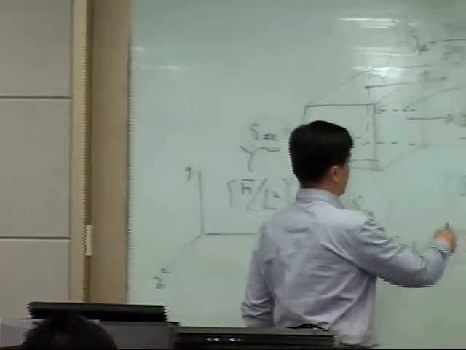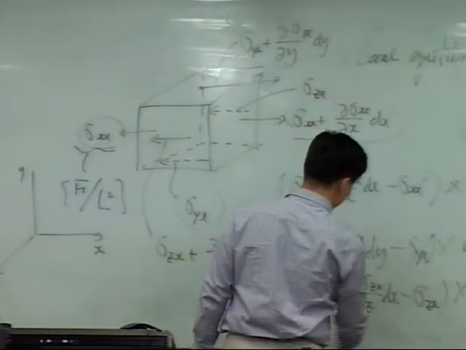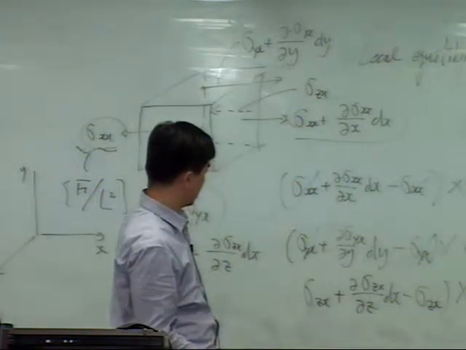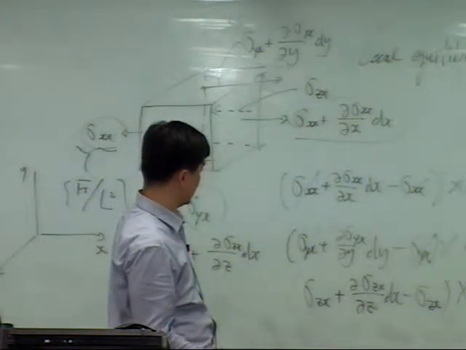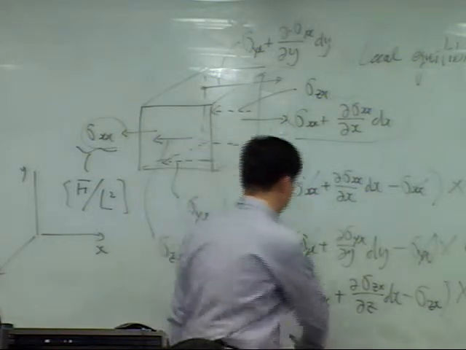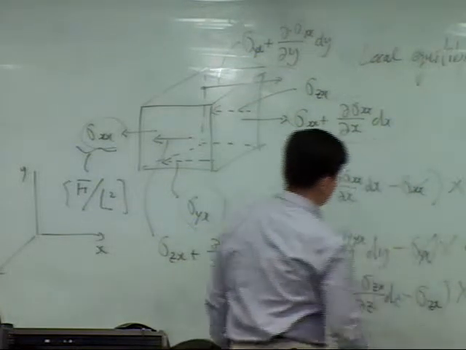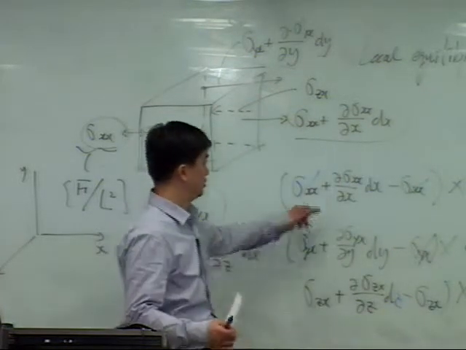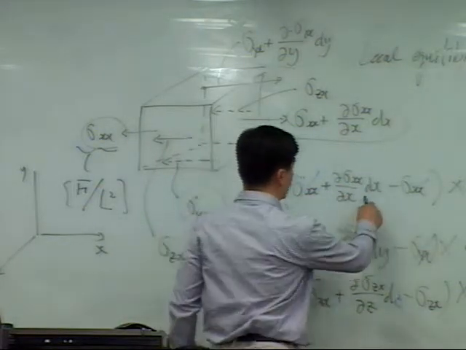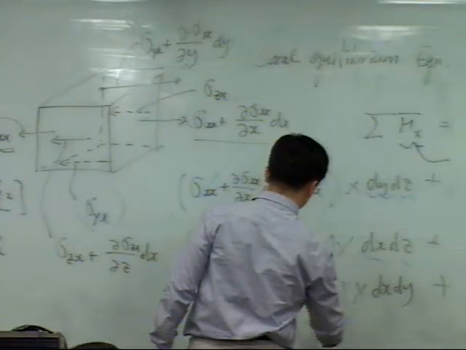Then we have sigma xx here, and this will disappear. Ah, z, yeah, sure. This should be z. Then we're going to have 3 terms, and all the terms have dx dy dz.